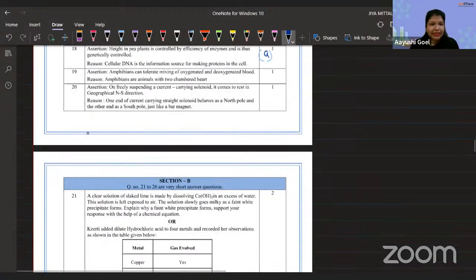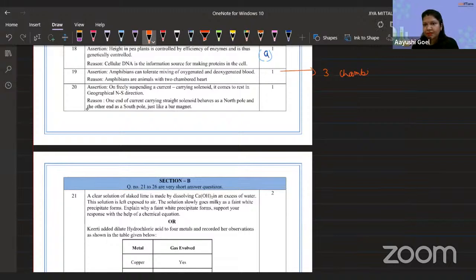Now let's go to the next portion. Assertion: amphibians can tolerate mixing of oxygenated and deoxygenated blood. Most students will wonder, what are amphibians? To be honest, I also wondered. But then I understood that amphibians always have 3 chambers.